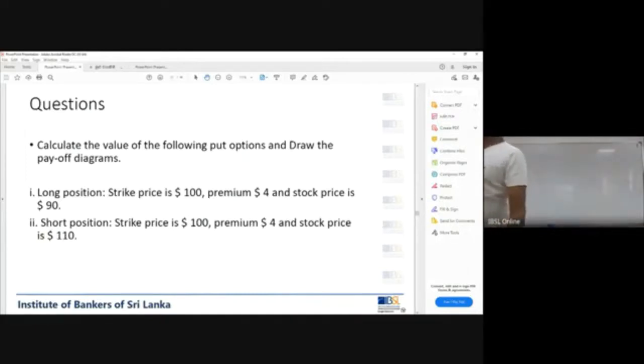Let's take a minute and try the question. These payoff diagrams you need to memorize because they're standard.